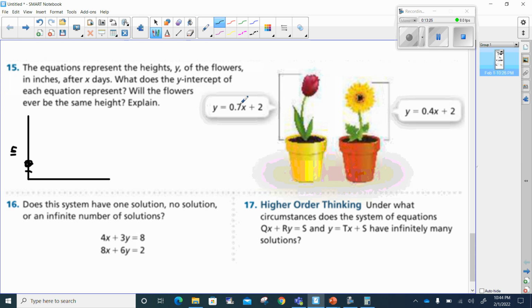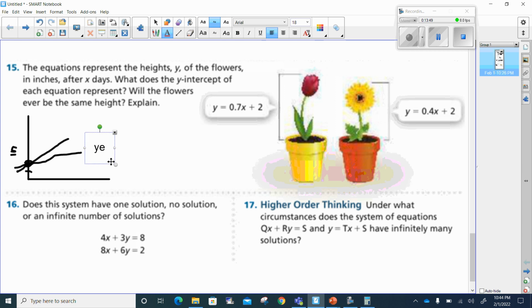This is going to be 0.7, so it's going to have a slope that is going up 0.7 and over 1. This one is 0.4, so that slope is not going to be as big, but it's still going to go through 0.2. So will the flowers ever be the same size? Sure, when you first plant them. Yes, when they were first planted, they were the same height.